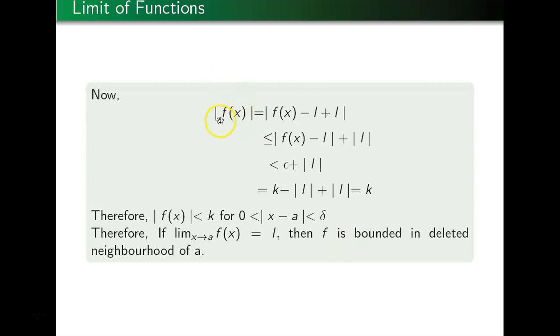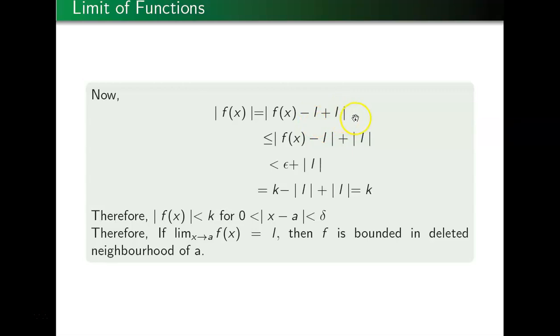Now we want to prove that function f is bounded in the deleted neighborhood of a. So we start with mod of f(x). Here in mod of f(x), subtract L and add L. Now use brackets for these two terms and apply the triangular inequality. Say f(x) minus L is a, and this term L is b.